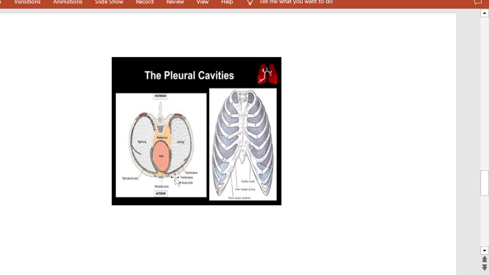So when we see the image here, you can understand the innermost layer is the visceral layer, and the outermost layer is the parietal layer. In between the visceral and parietal layer, the space is called the pleural space, and this space is filled with pleural fluid.